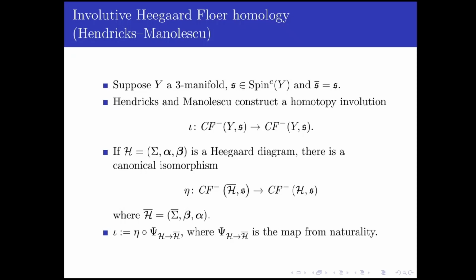But by picking some sequence, we can obtain another homotopy equivalence from CF minus H to CF minus H bar. And if we compose this map from H to H bar with eta, we get the map iota. And the map iota is a homotopy involution. It squares to the identity up to homotopy.